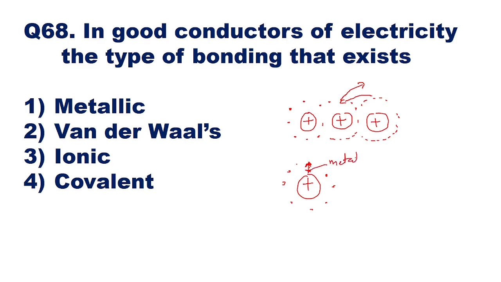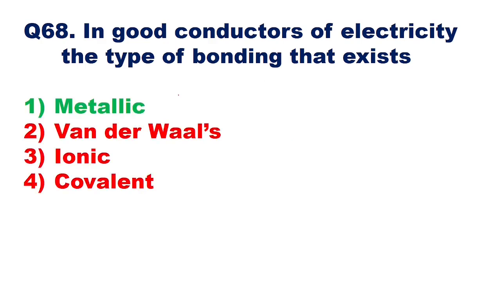Therefore, in this question, in good conductors of electricity, the type of bonding that exists is metallic bonding. So option 1 is the right answer.